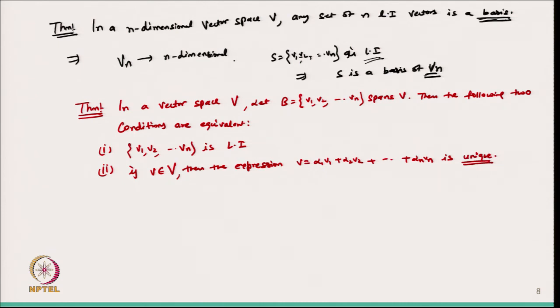It means that if I write this expression, then alpha 1, alpha 2, alpha n are all unique. Only one representation is there, that we can write V as a linear combination of V1, V2 up to Vn.